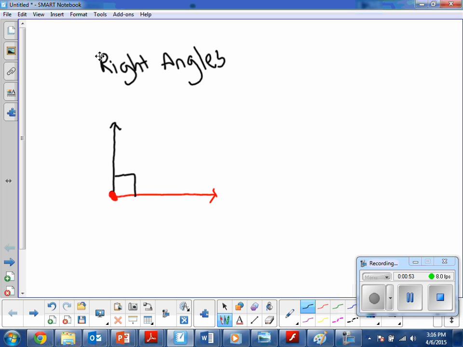We talked about yesterday, a right angle is where the rays come together and form a square edge. We talked about a couple ways to figure out if something is a right angle or not. Number one, if a little square is drawn at the angle, we know it's a right angle. This is a right angle.